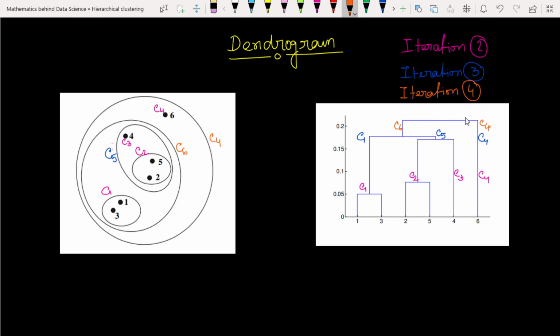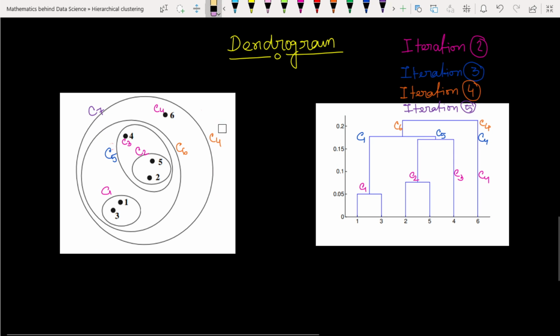At the final iteration, iteration 5, we will merge C6 and C4 into one whole big cluster, C7.